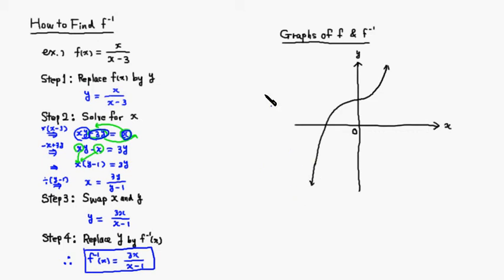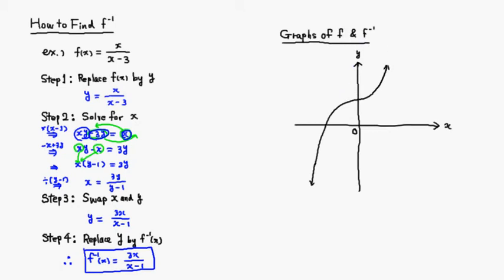The reason why I went through this systematic method is that for one thing, you can find the inverse function fairly easily, and also it clarifies what goes on when you go from the original function to its inverse function. So let's look at the graph of f and f inverse.